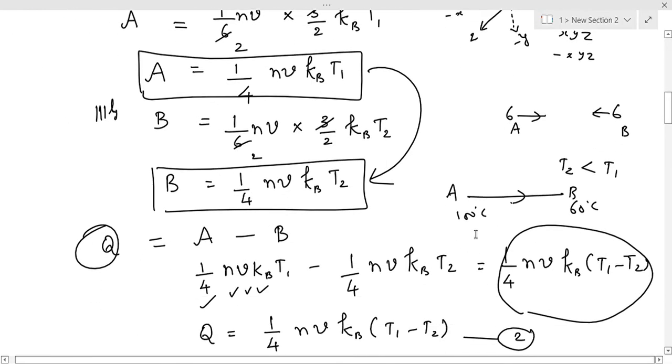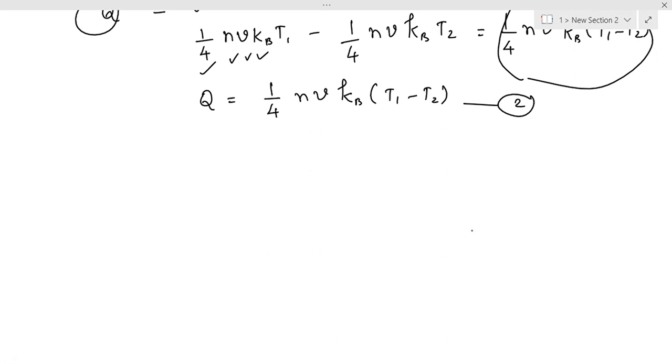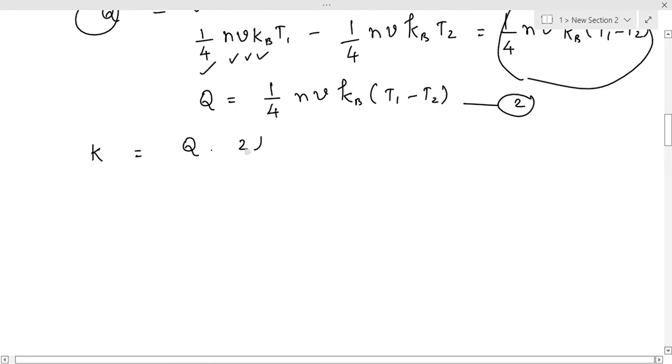K is equal to Q into 2L, the length of the metal rod, divided by T1 minus T2.